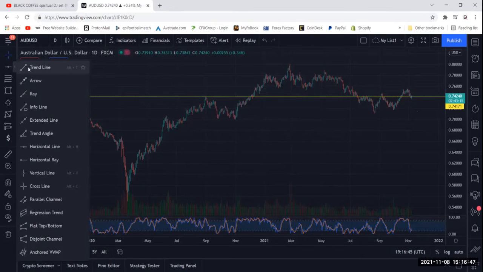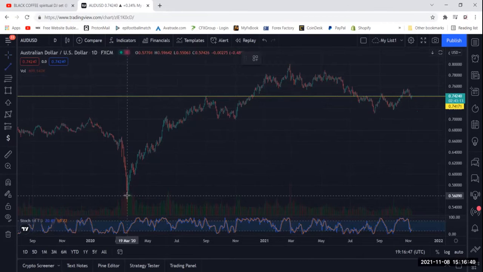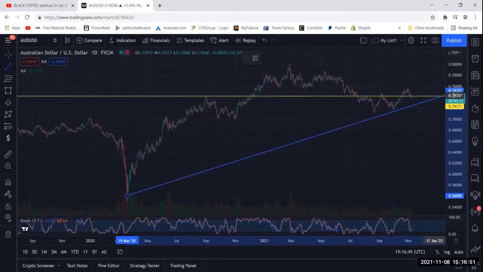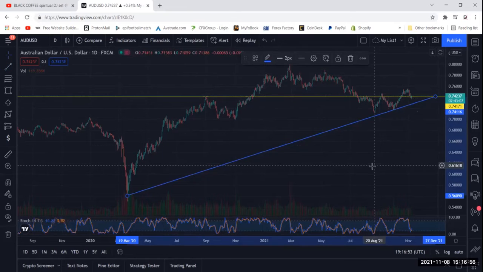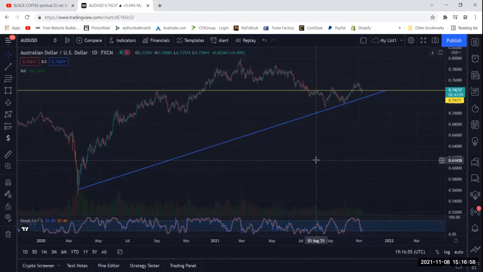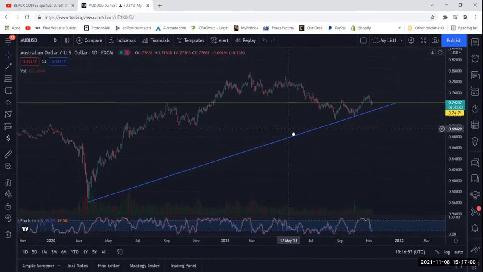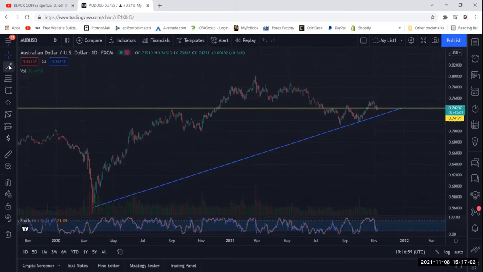If I plot a trend line from here all the way up to here, we can follow that uptrend. Granted, in the shorter term we have been moving in somewhat of a downward fashion.